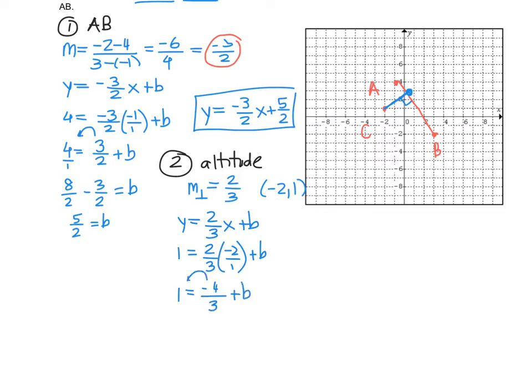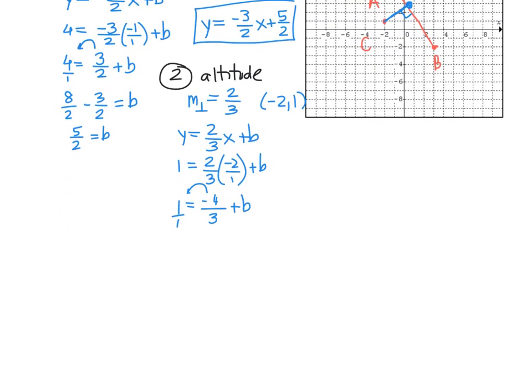Again we have fractions, so I'm going to put the 1 over 1 to get a common denominator. My common denominator is 3, so I multiply top and bottom of 1 over 1 by 3. So 3 over 3 plus 4 over 3 equals b. Remember to switch the sign when you move something over to the other side, so that we get 7 over 3 for b. So the equation of my altitude is y equals 2 over 3x plus 7 over 3.